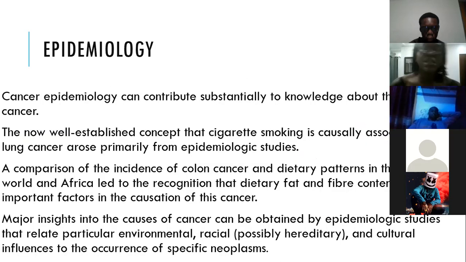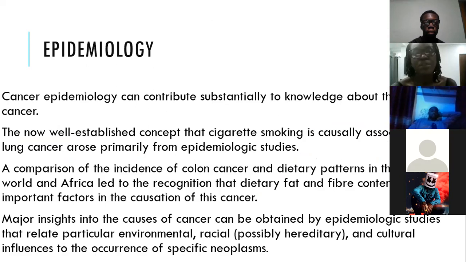Okay, so there's something we call cancer epidemiology. The epidemiology of cancer is the study of the characteristics as relates to the population. That's what helps us to know that, for example, as you are growing older, your chances of getting cancer are higher.